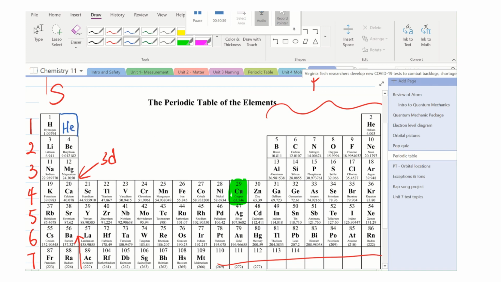Let's start from the beginning, the lowest energy level. So the lowest energy level you need to fill in is 1s2. Fill in 1s2, and then 2s2, 2p6, 3s2, 3p6, 4s2. You're right here on the 4th energy level.